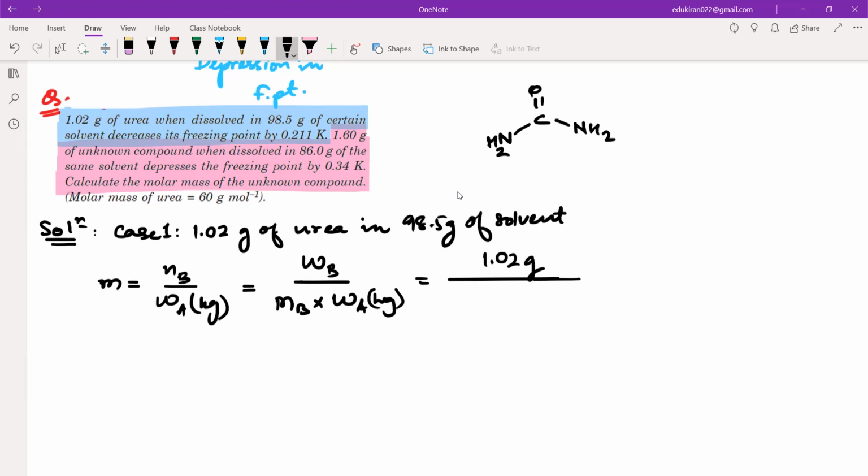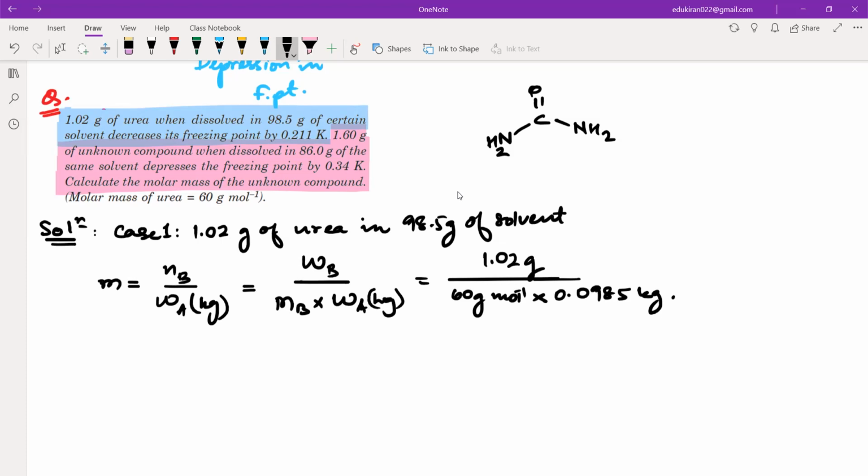C डबल बॉन्ड O NH2 NH2. 60 grams per mole multiplied by what is the solvent mass in kg? कितना है solvent का mass? इस लाइन को देख के बताइए. 98.5 gram. हाँ, तो kg पे कन्वर्ट करेंगे कितना आ जाएगा? 0.0985 kg. ठीक है, this is the molality.